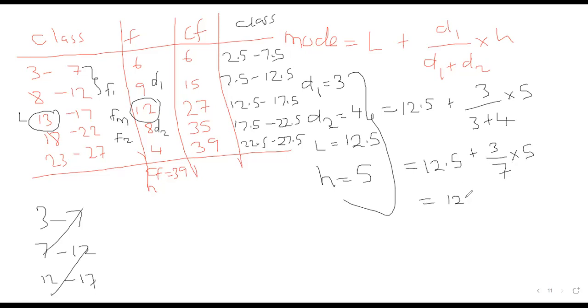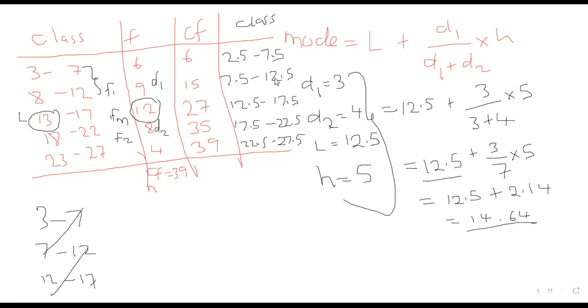So 3 times 5 is 15. 15 divided by 7 is 2 point what? Fifteen over 7 is 2.14. So when we add this, we're going to get 14.64.